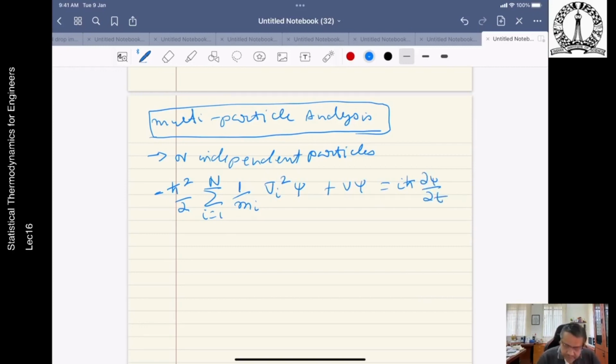So these are independent particles, so i corresponds to the ith particle.